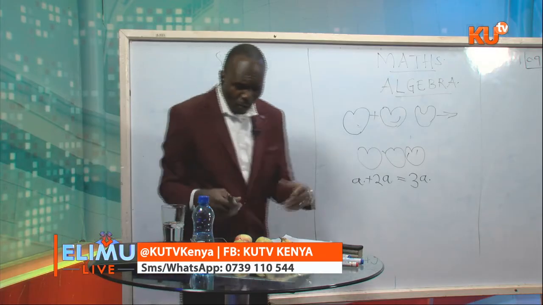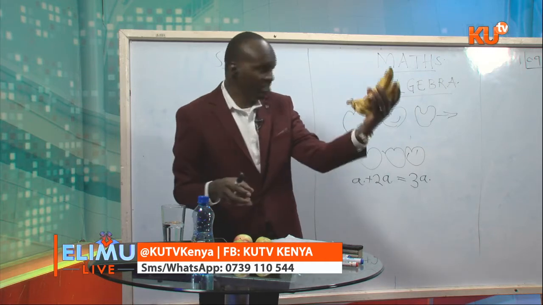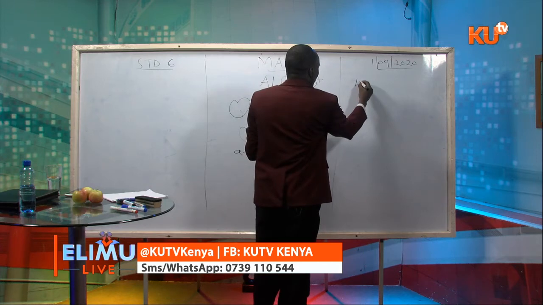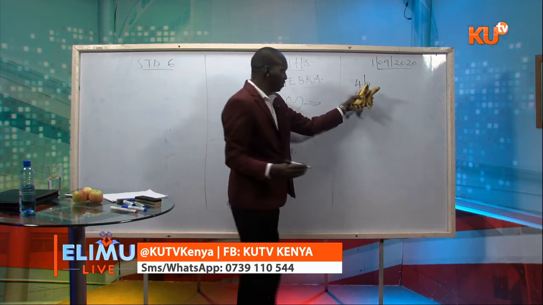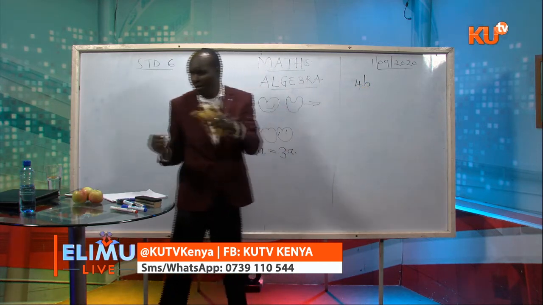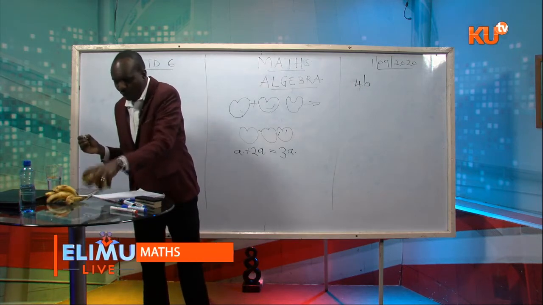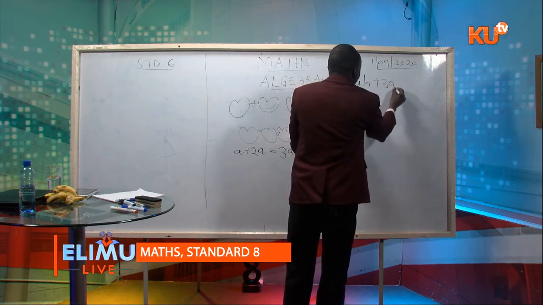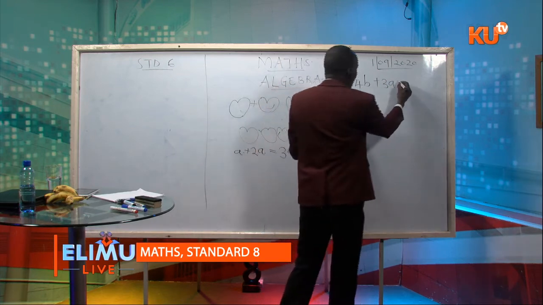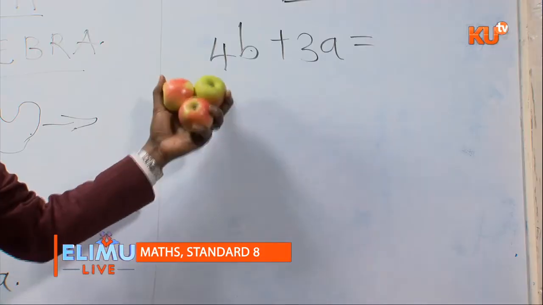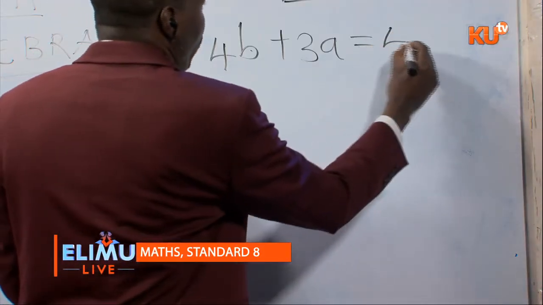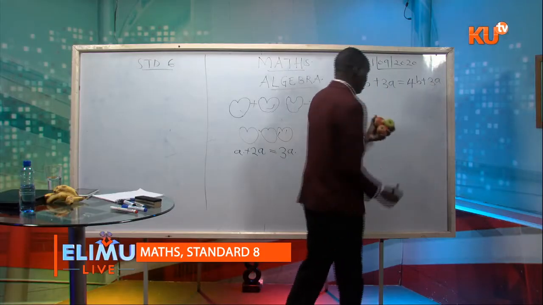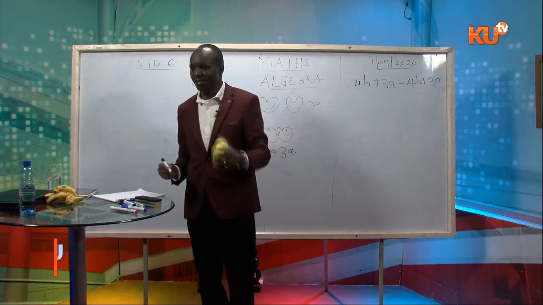Still, when I put them together, these are 4 bananas. I can use letter b to represent bananas. When I put them together with my apples, plus 3a, in total, I'll have 4 bananas plus 3 apples because they are 2 different items.